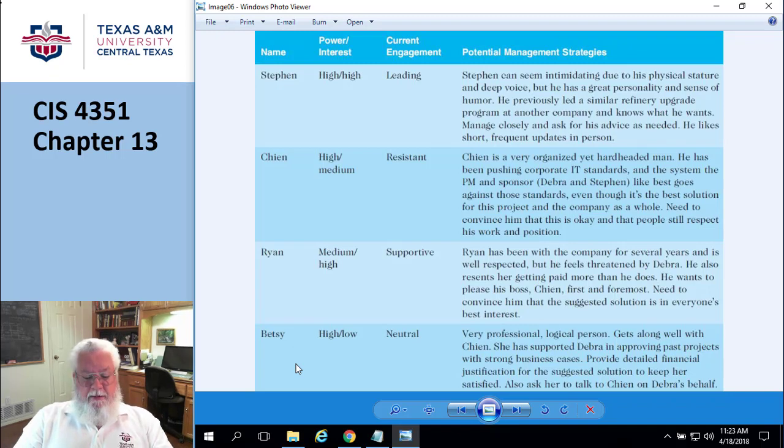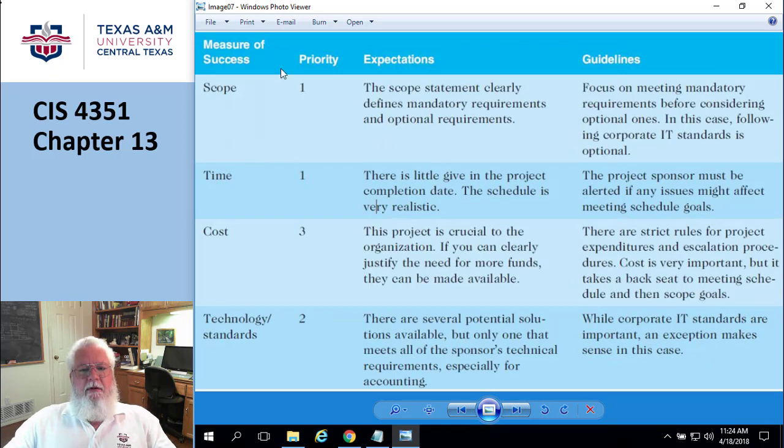So there's this thing called the expectation matrix. Some people are going to say scope is the most important. So somebody put in what they think is the most important here. The scope and time. And this person basically says technology and standards is number 2. So in this particular case, this could be the case study at the beginning.